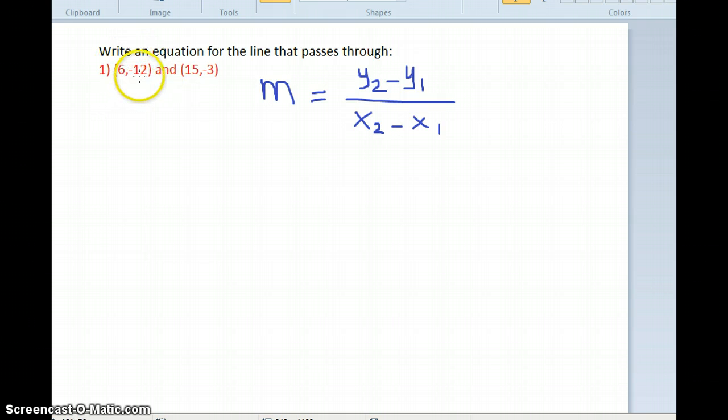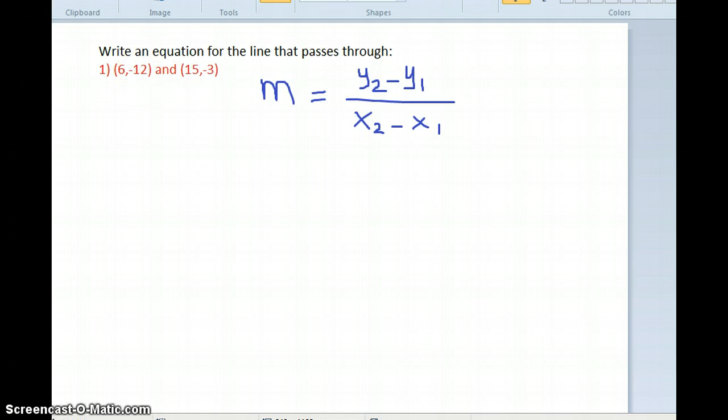The numbers need to be from the same point: x1, y1, x2, y2. It doesn't matter which point you call 1 and which you call 2, but you can't use this as y2 minus y1 and then use this as x2. Because if y2 is -12, then x2 needs to be 6. So you have to be very consistent.